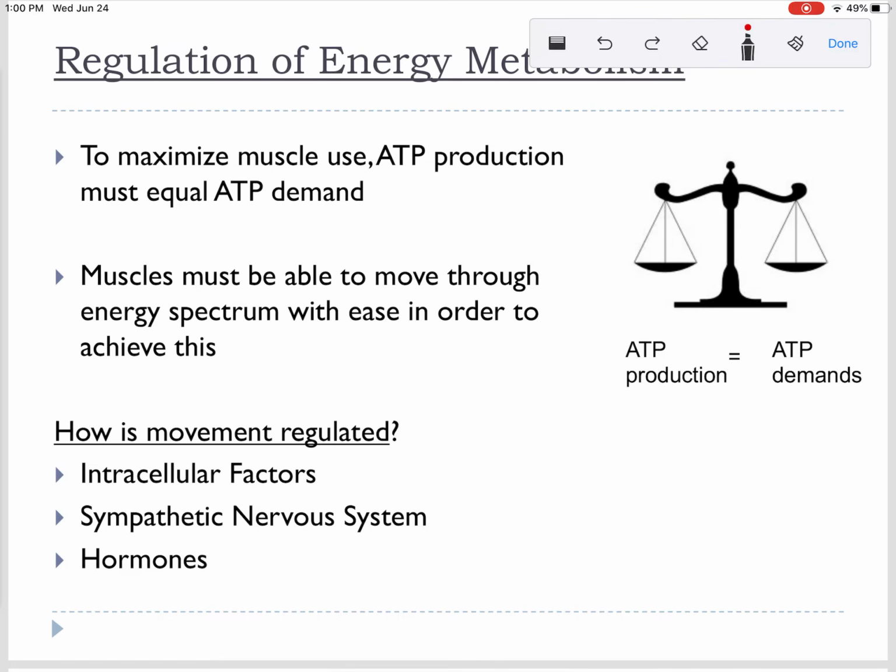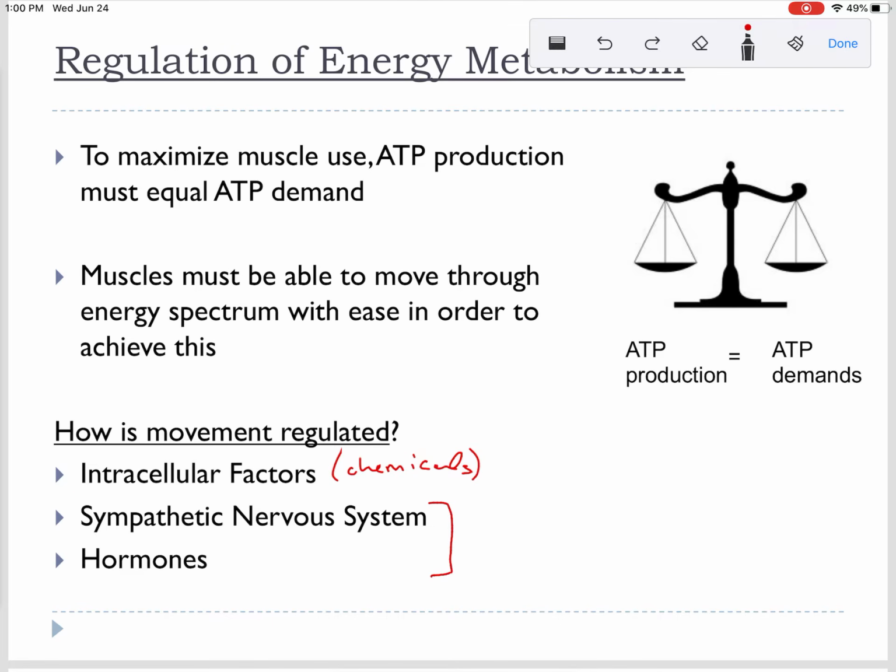And we're going to keep it pretty simple. How do our muscles know? Well, there are intracellular chemicals, otherwise known as factors. Actually, I'm not going to have you know that. I'm going to focus on these two.